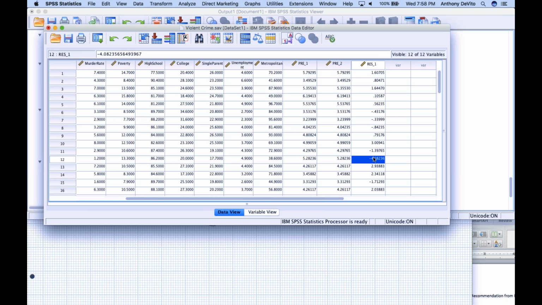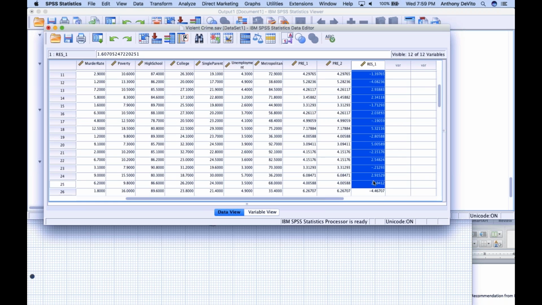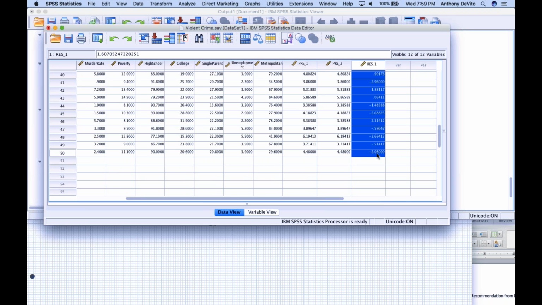Notice in some cases it's overestimated, some cases it's underestimated. Well, what would we expect from these residuals in terms of how they would be distributed? Would we expect the residuals to be bigger for the lower poverty areas or for the higher poverty areas, for the high murder rates, the lower murder rates, and so on?